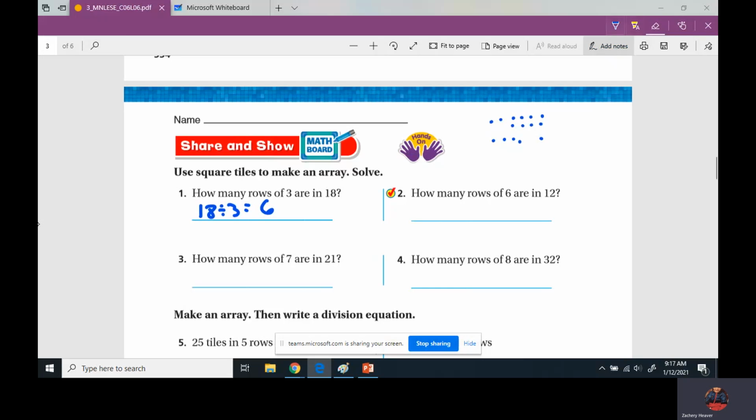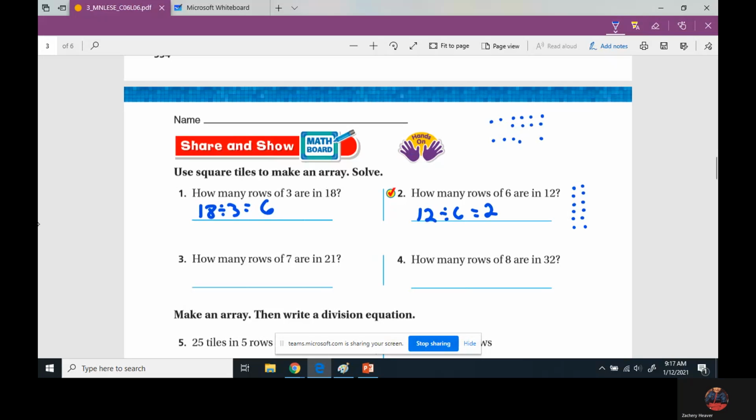Big eraser. It's not going to work. All right. How many rows of 6 are in 12? So we have 12 divided by 6. So if we do 6 down, 1, 2, 3, 4, 5, 6, do another row, 7, 8, 9, 10, 11, 12. There's 2.